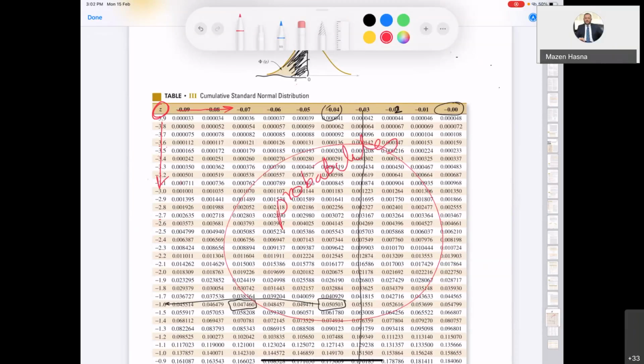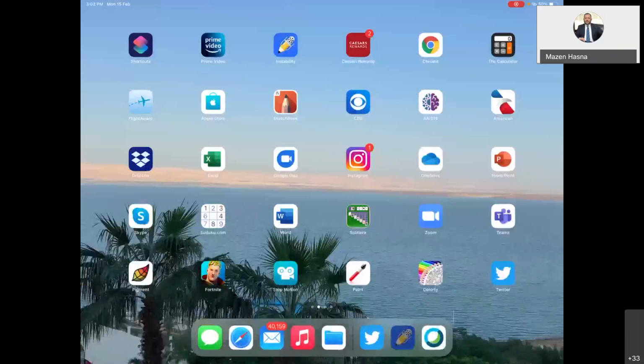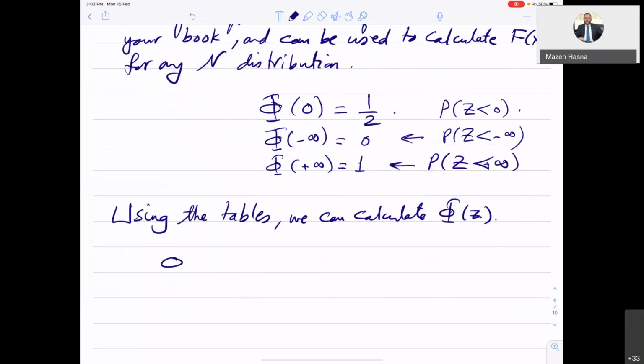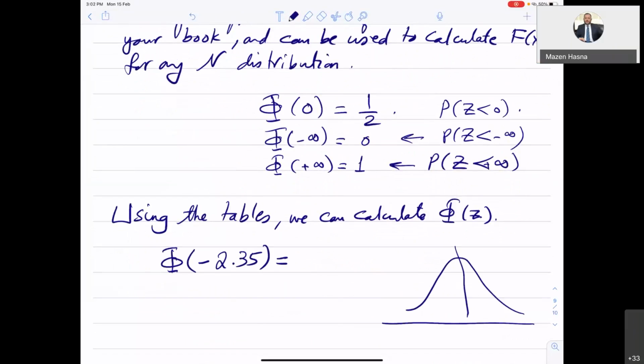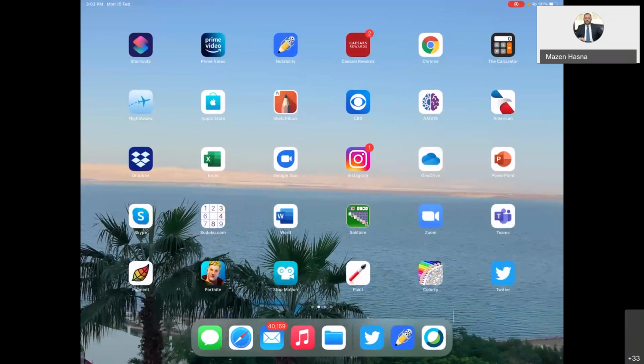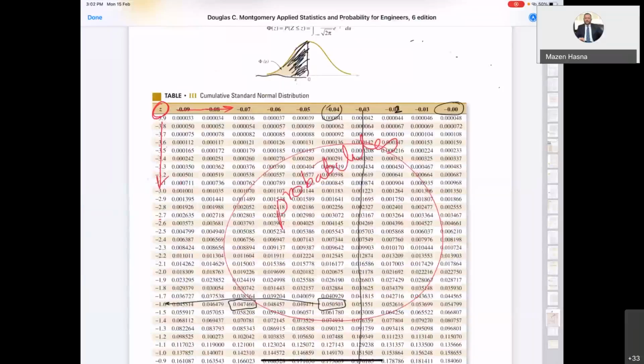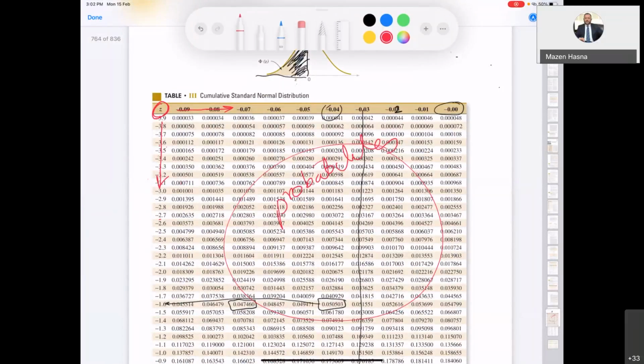So, for example, if we are interested in phi of minus 2.35, which is the area under the Z curve all the way from minus infinity to minus 2.35, how can we find it? We go to the table.